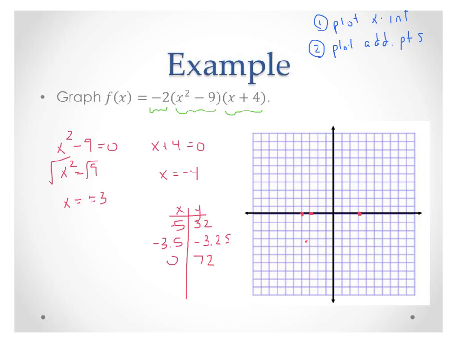So what is it? Let's try, I want to see about 1. Oh, but at 1 it's at 80. At 2 it's at 60. So here's what is happening.